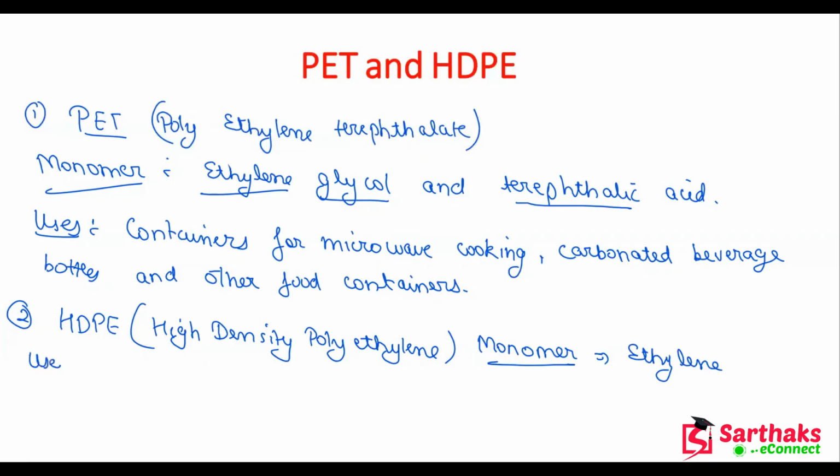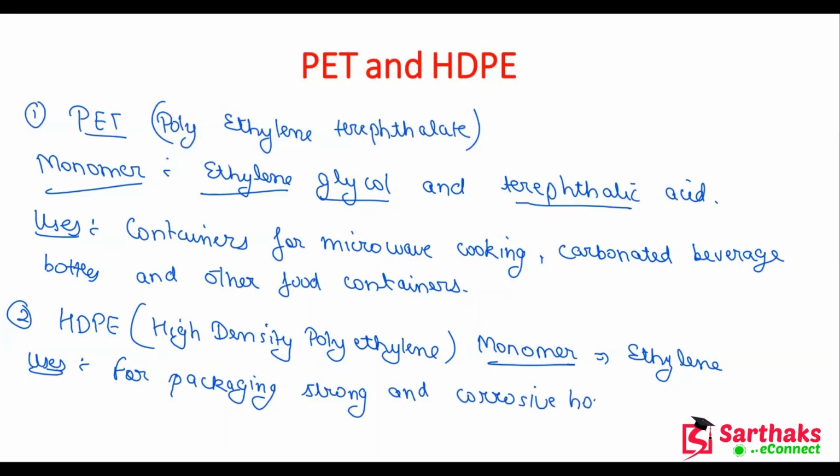The uses of HDPE are for packaging strong and corrosive household products. Corrosive means that corrosion is possible on them.